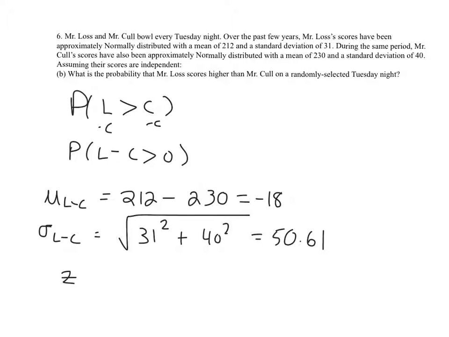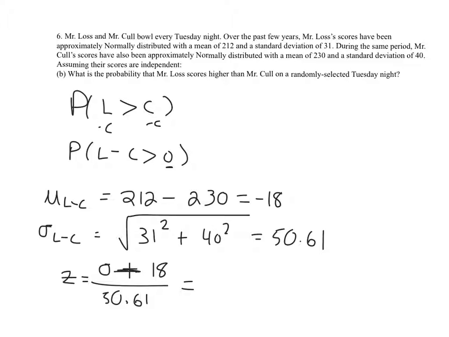The other thing you need to be careful to remember is my x is this 0 that we created. That's what I need to plug in for a z-score. It's 0 minus my mean, which is negative 18. So we really end up with 0 plus 18 over 50.61.